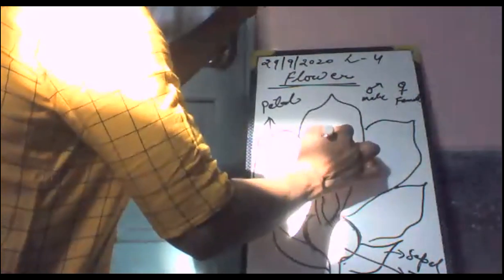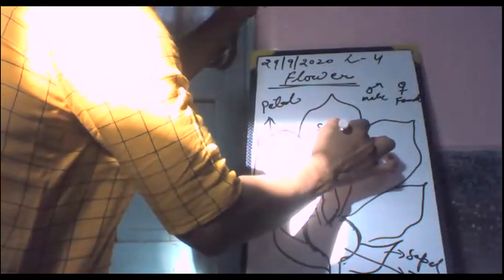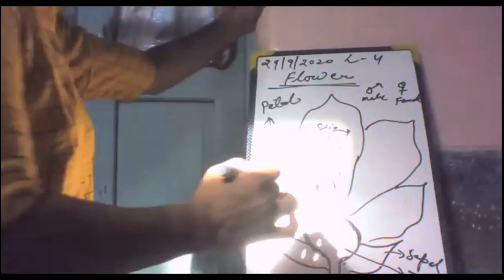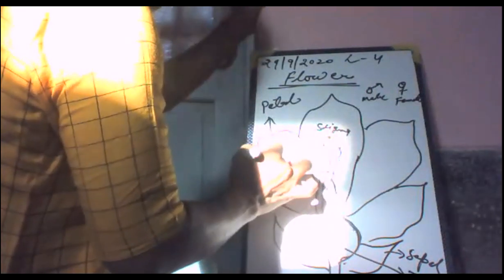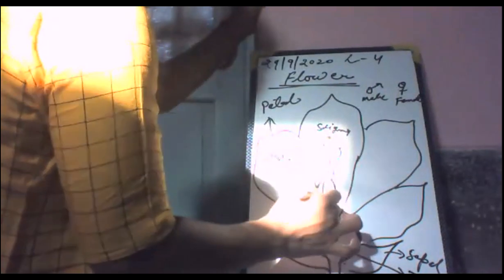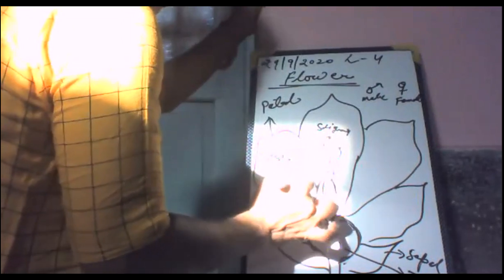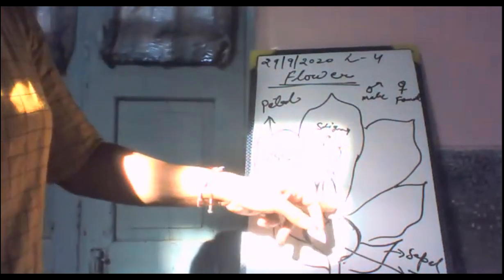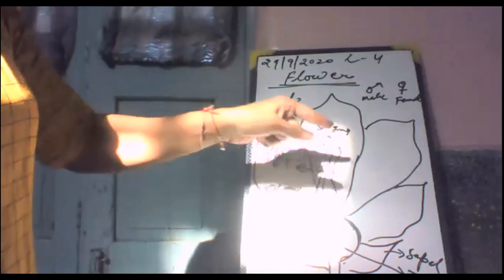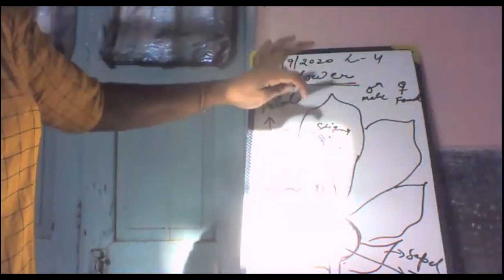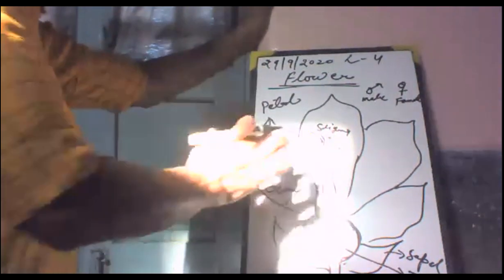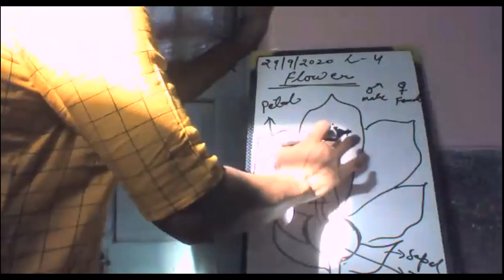First is the stigma, then the style and the ovary. The ovary consists of ovules, and the stigma is the part where it takes pollen brought by the wind, by an insect, or by any other medium.